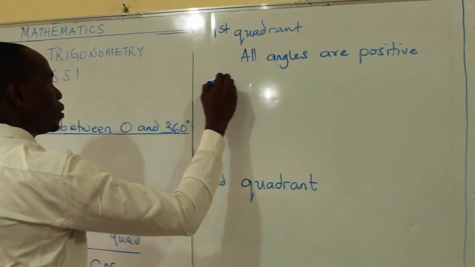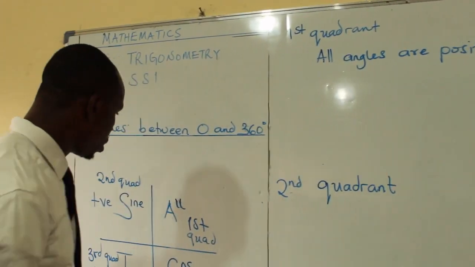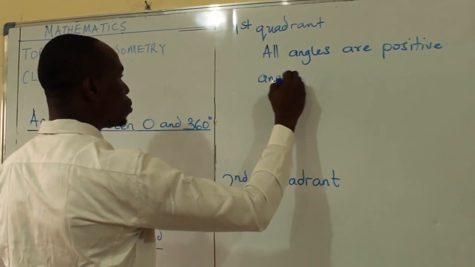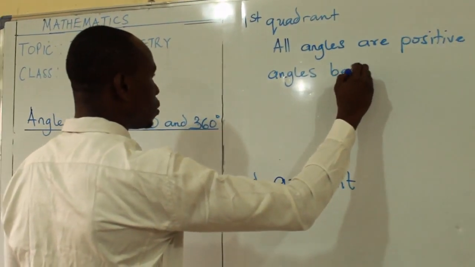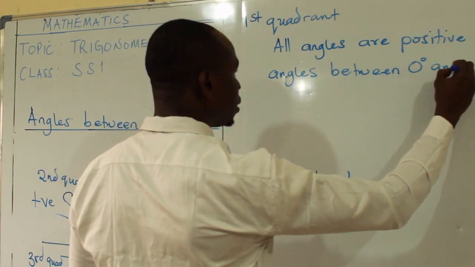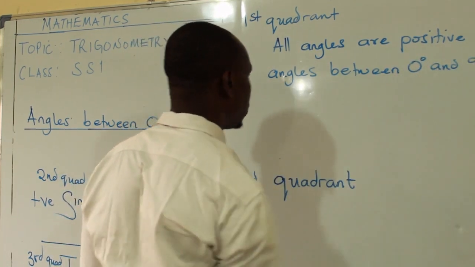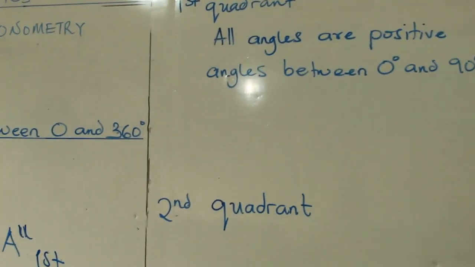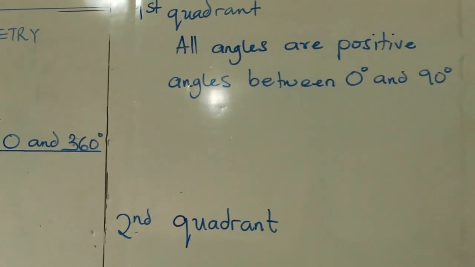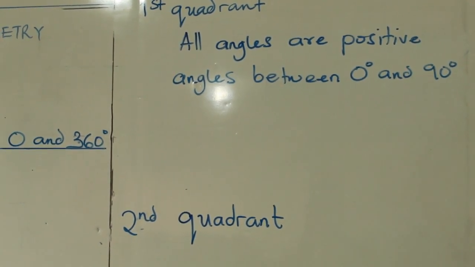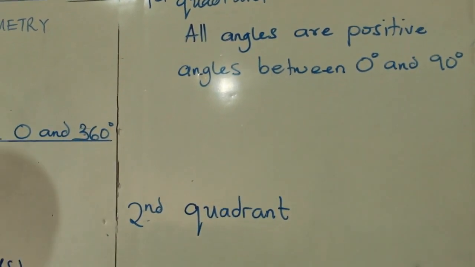And the angles we are considering in the first quadrant are angles between 0 and 90 degrees. In this first quadrant, all trigonometric functions and identities are positive, and the angles there are angles between 0 and 90 degrees.